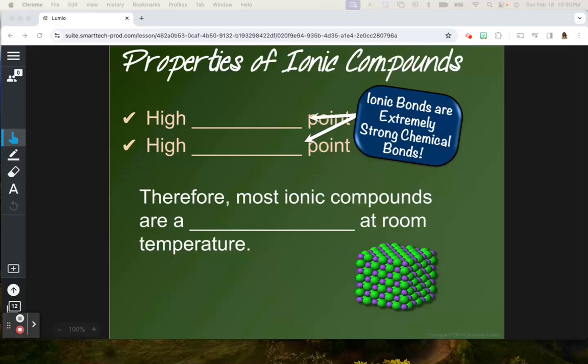There are certain properties that ionic compounds have. They have high melting points, and they also have high boiling points. Therefore, most ionic compounds are solid at room temperature.